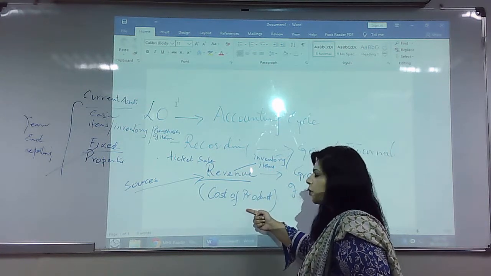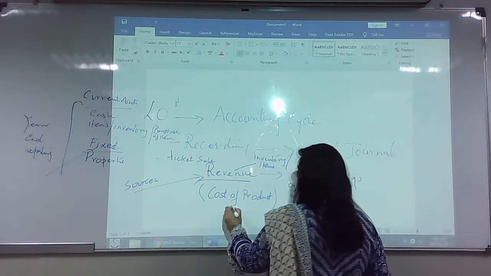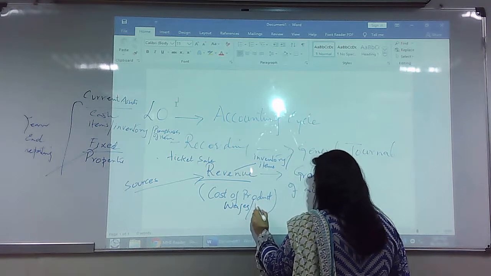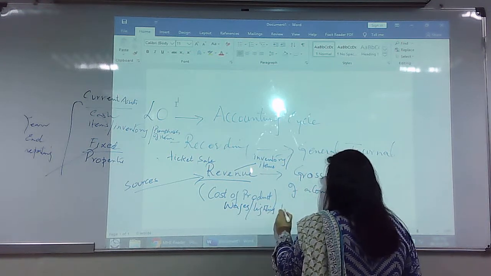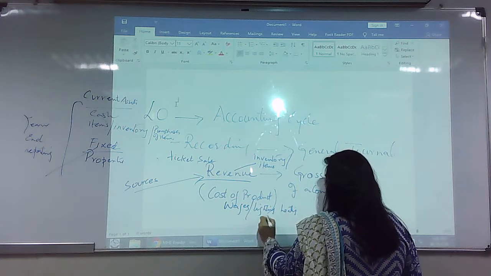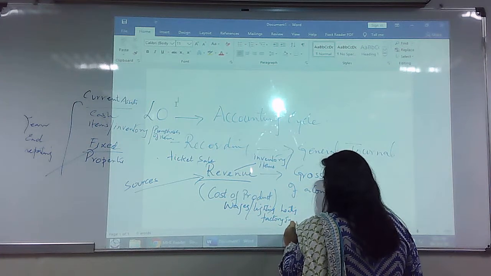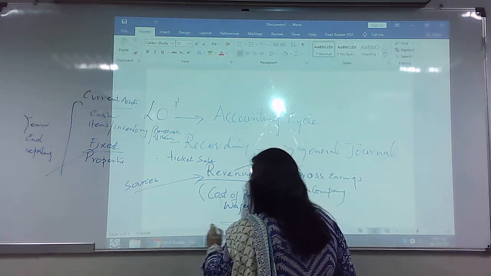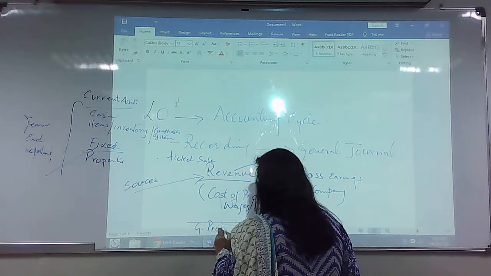Then you have cost of the product subtracted. Okay? And any direct expenses like wages of workers, lighting, heating expenses of the factory, and factory expenditures. These are considered as cost of the product. When you reduce them, then you get some profit, which is known as gross profit.